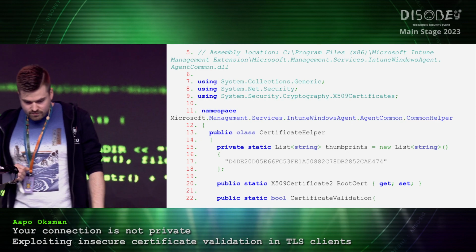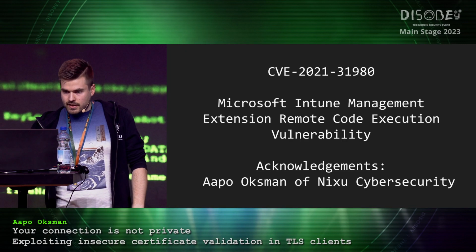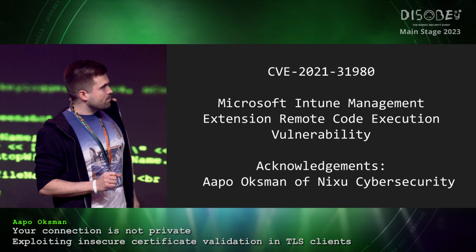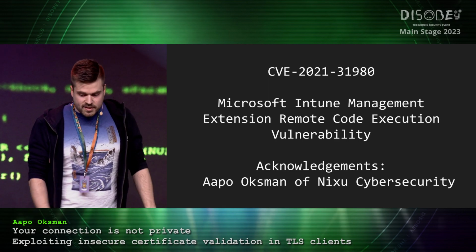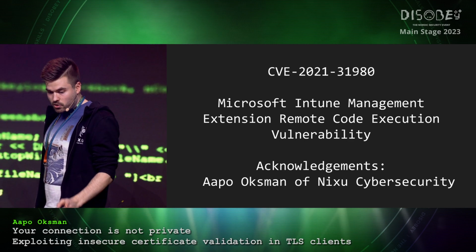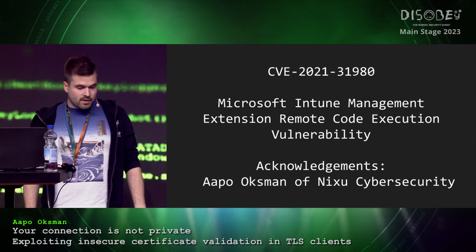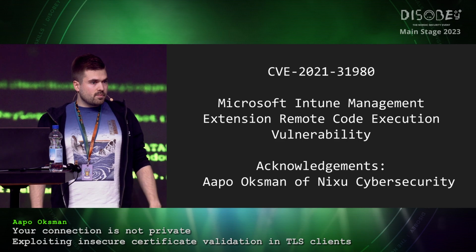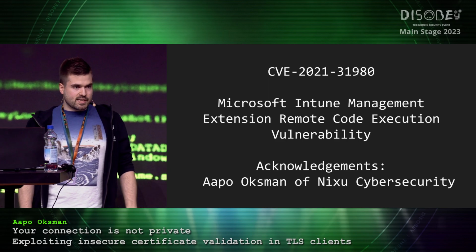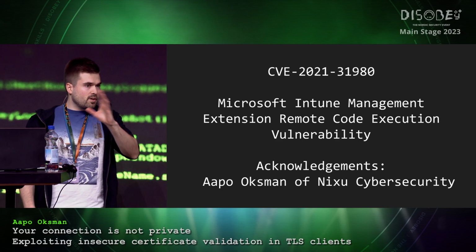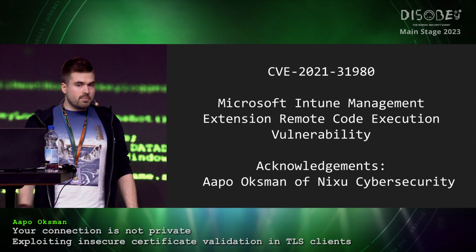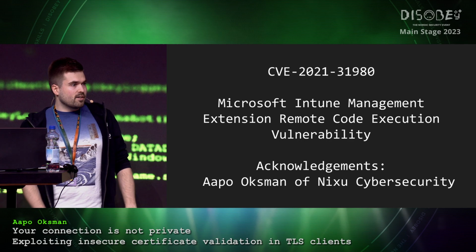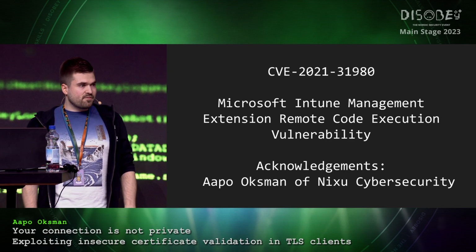And this was, let's go back to the dark theme, in 2021, Microsoft Intune Management Extension Remote Code Execution Vulnerability. Just because all certificates were accepted. So I could pose as Intune management server and just install a bunch of stuff on our company laptops, and that was fun.